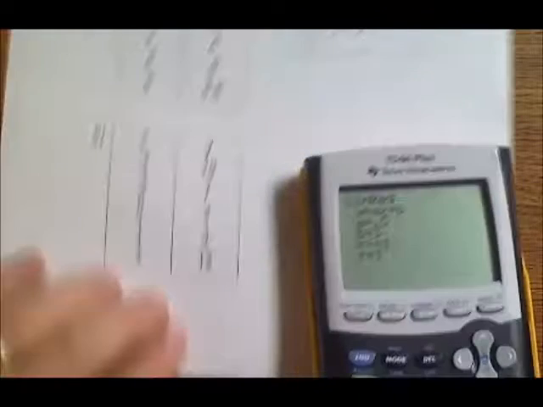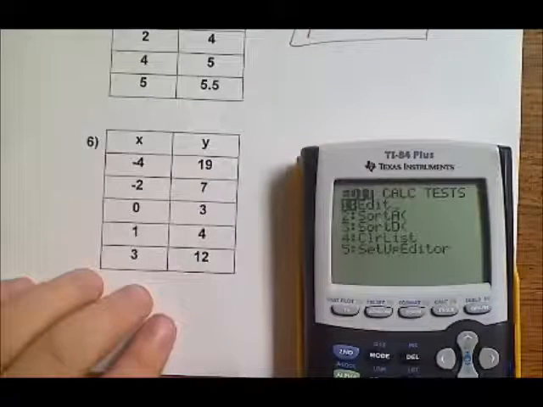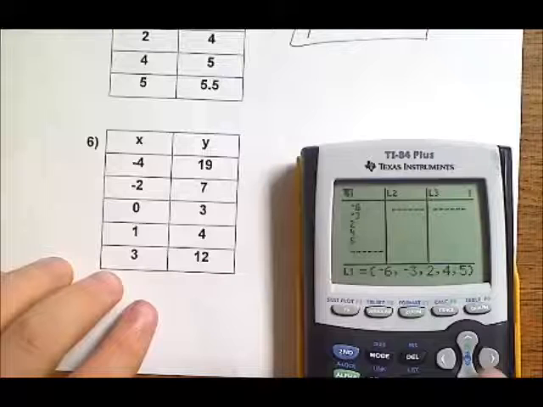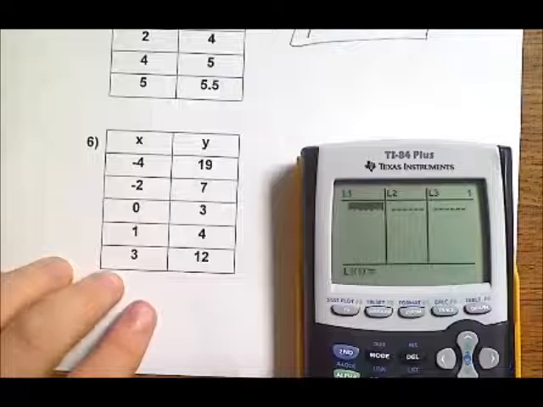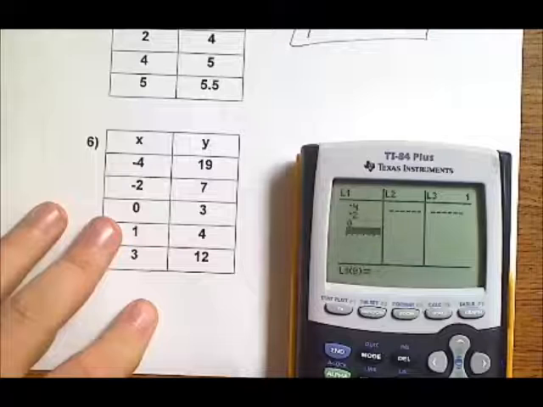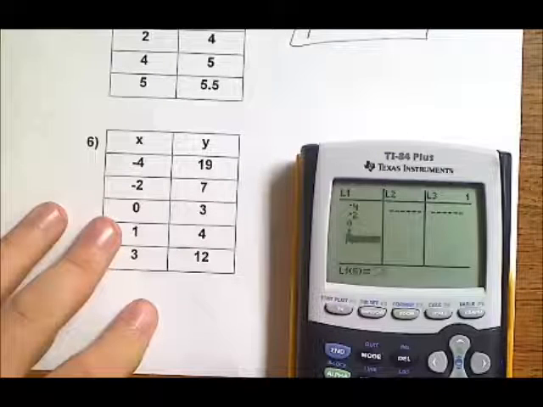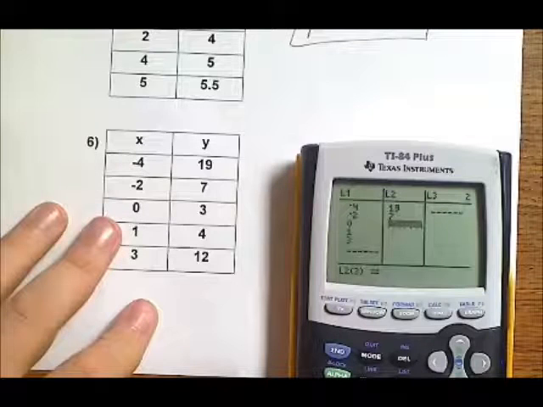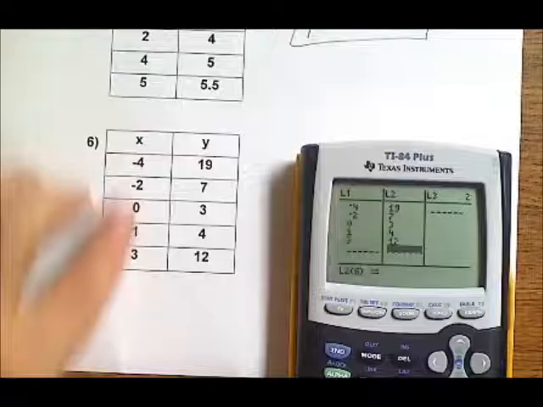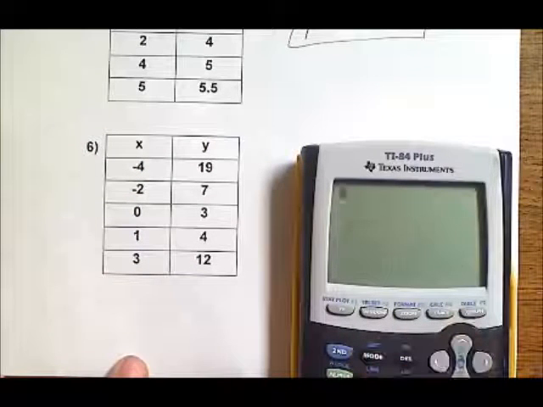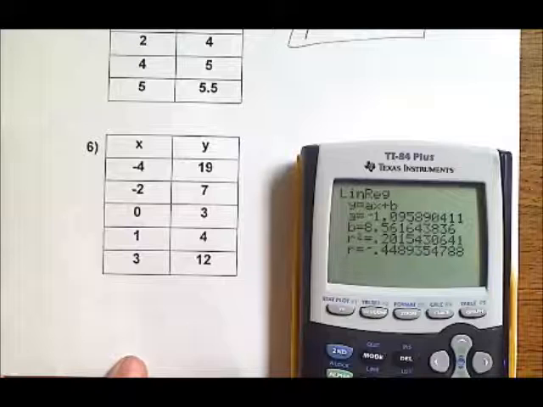And our last example. Stat Edit. Clear out the old lists. Put in the new information. And you may be able to look at this and tell that it doesn't look linear, but just for the sake of argument, we're going to go ahead and run our linear regression.